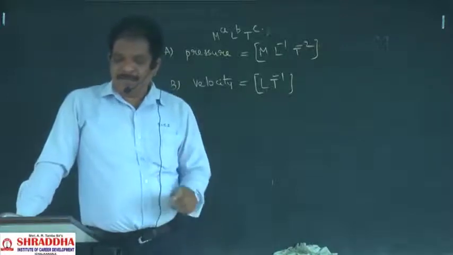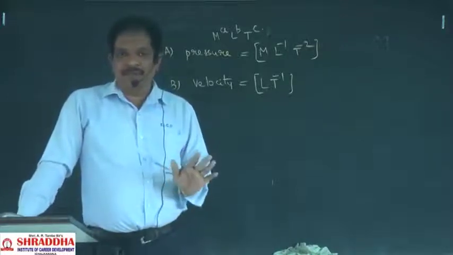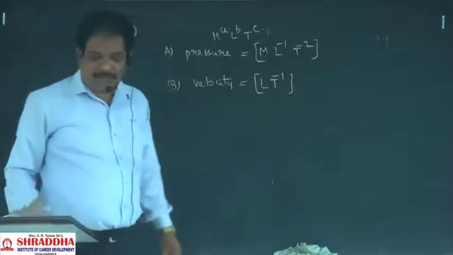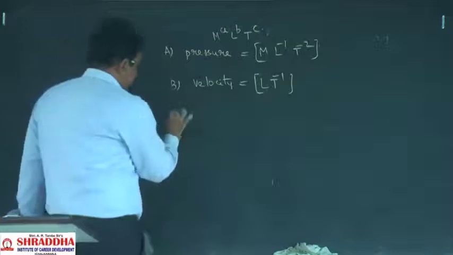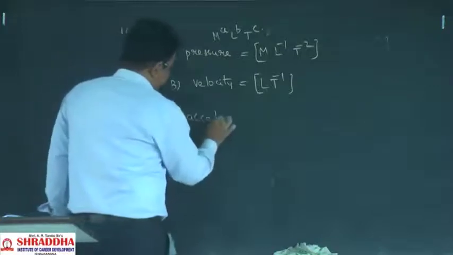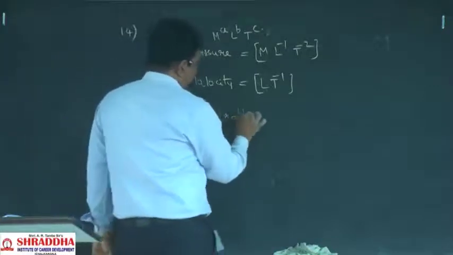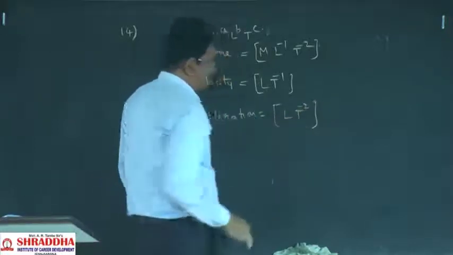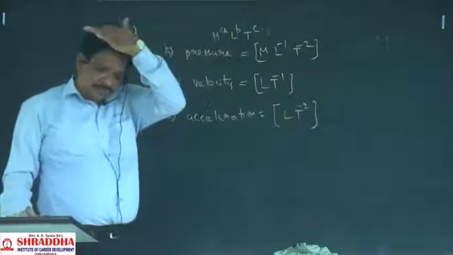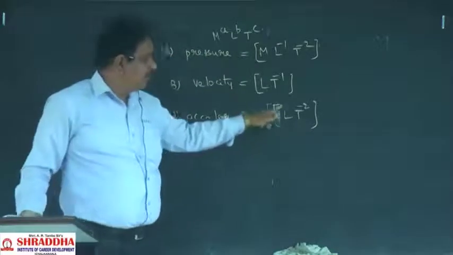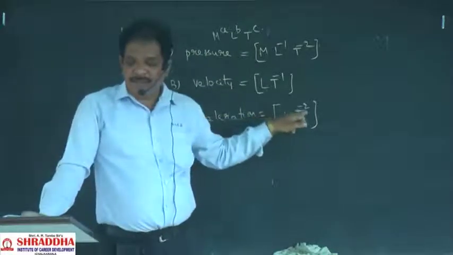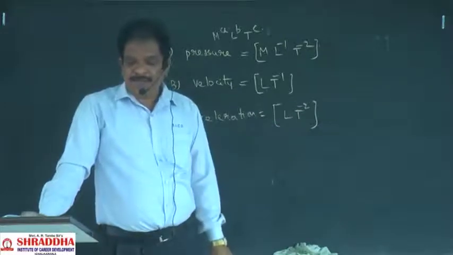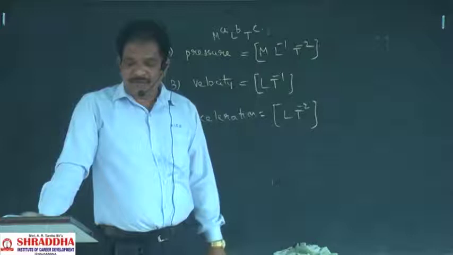Small b is equal to 1 should be there, they gave small b is equal to 0. Acceleration, L T power minus 2, means a 0, b 1. They gave b minus 1 in option C, so that is also wrong.